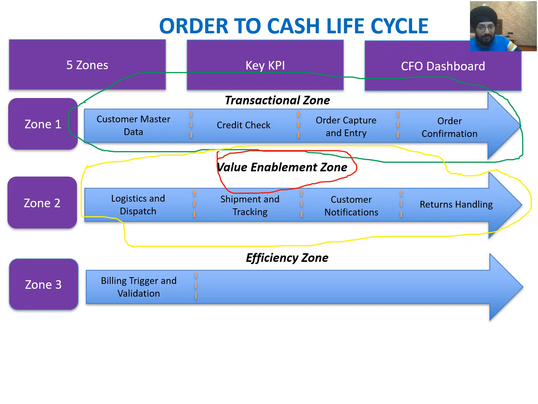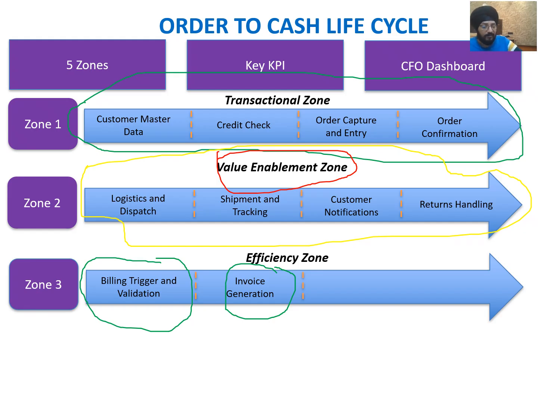First is the billing trigger and validation. Once we ship the goods, there has to be a trigger basis which the billing would be raised by the concerned department. The goods have been dispatched, they have been shipped, and now we can raise the bill. Invoice generation is a very crucial step. Nowadays in many organizations it's a system-based process, but again it has to be ensured that invoice generation is a key step and should not be delayed.